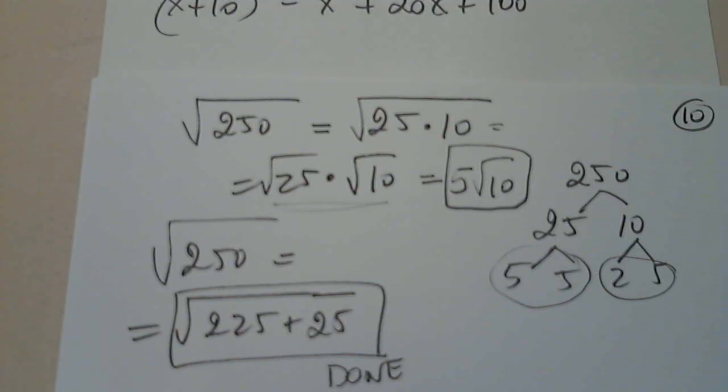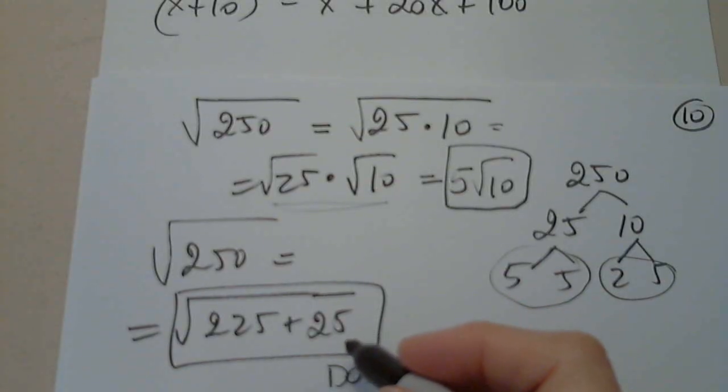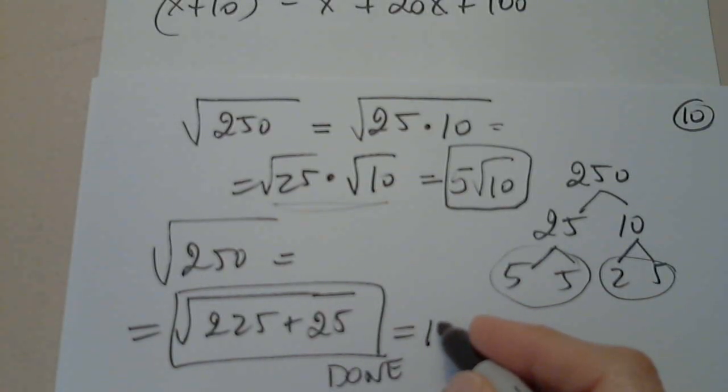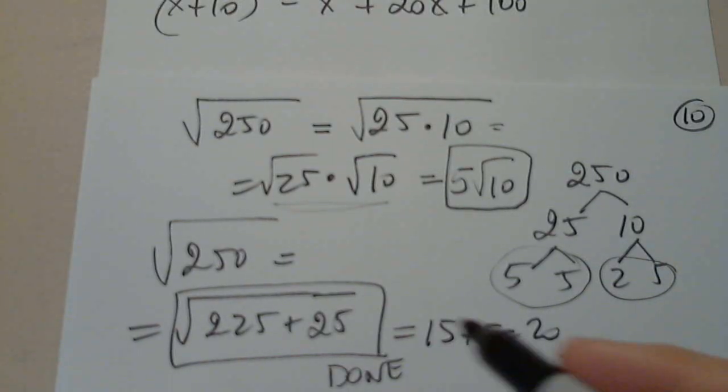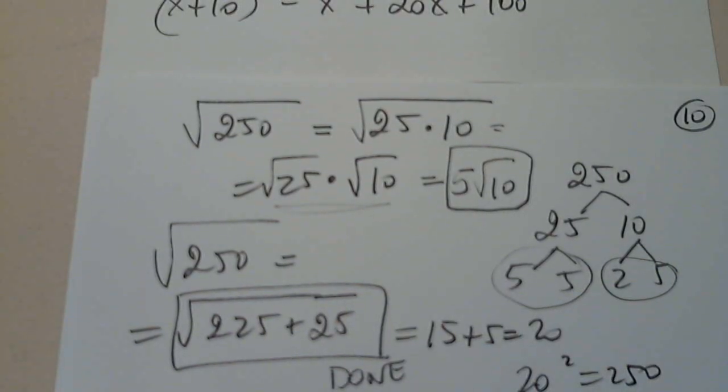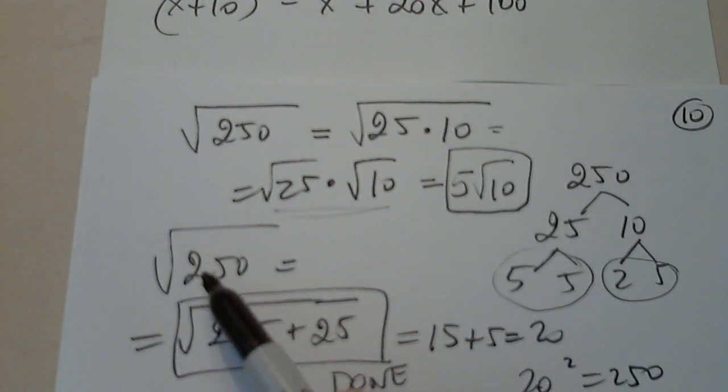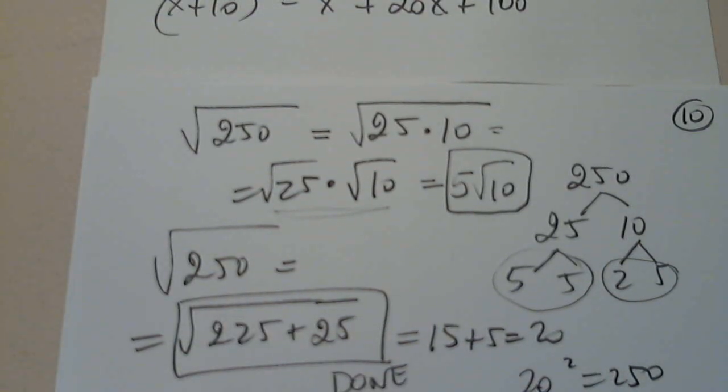Is that clear? Assuming that this were true, then it would have been 15 plus 5, which is 20. Is 20 squared 250? No. No.